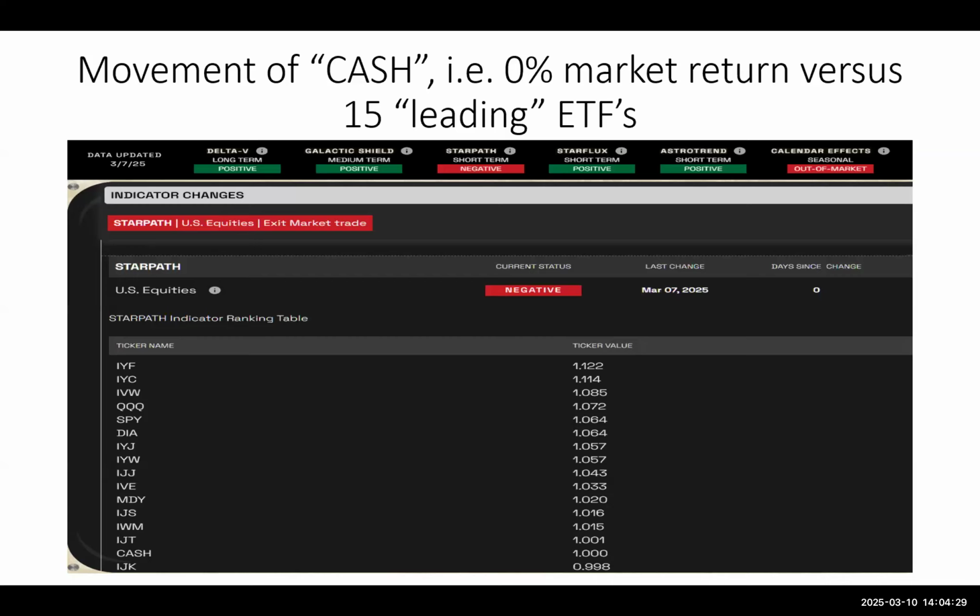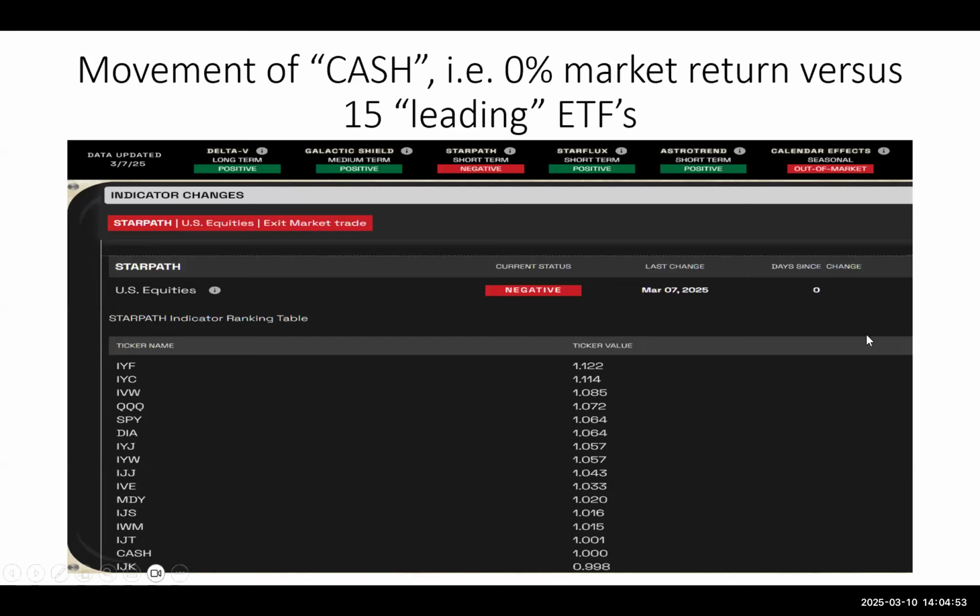So right now we see here that IJK, which is mid-cap growth, has had its shorter term moving average fall below its longer term moving average, and it's giving a value ratio below 1, triggering the sell that we traded on this morning, and was activated after market close on Friday.